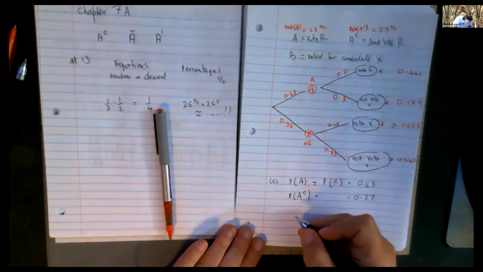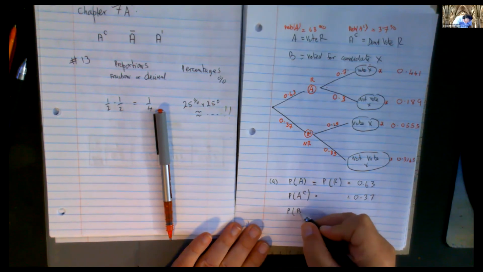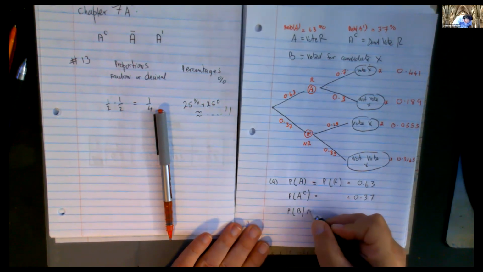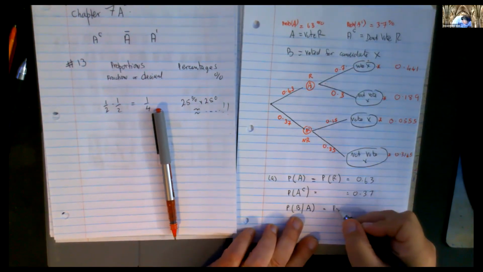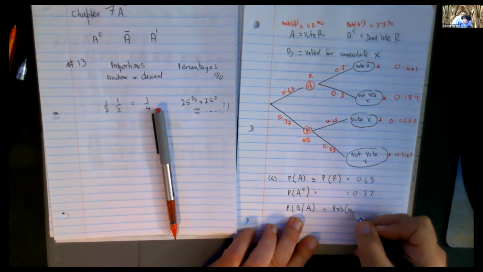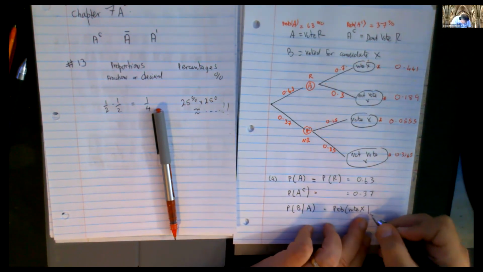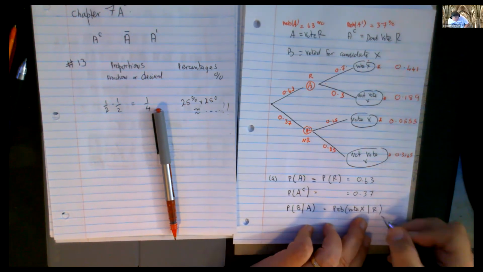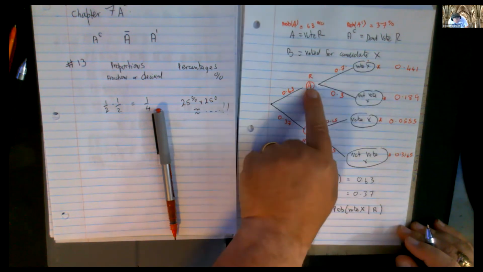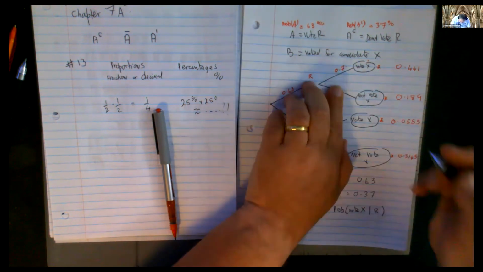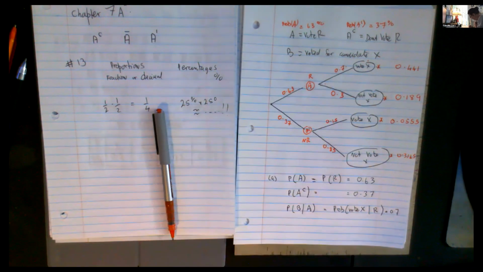Now, the next one is called a conditional probability. What's the probability of B given A? So let's put that into words: what's the probability that you voted for candidate X, given that you were a Republican? Well, the chances that you voted for candidate X, given that you're a Republican, is only that number there, the 70, right?